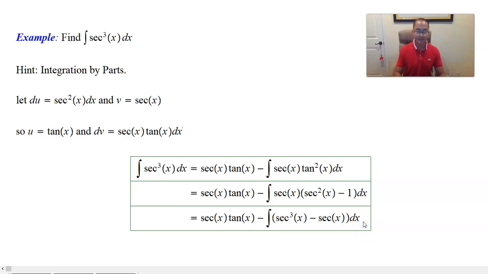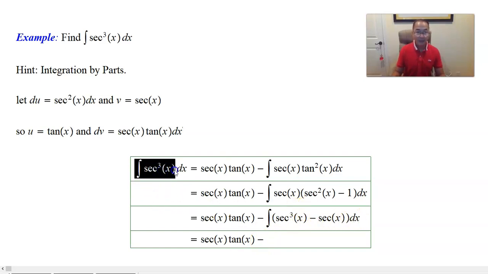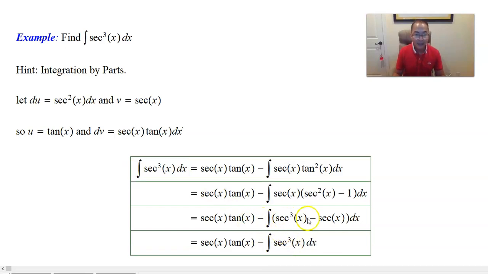Okay, so now we split it up. We have secant tangent minus integral of secant cubed. And yeah, we're back where we started. So I'm going to copy that. But we have a minus minus, plus integral of just secant x.